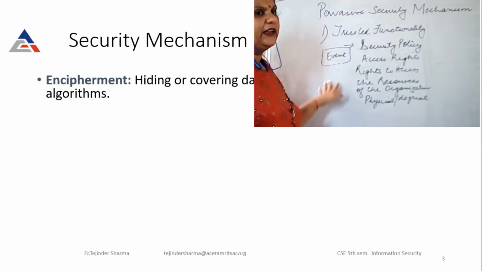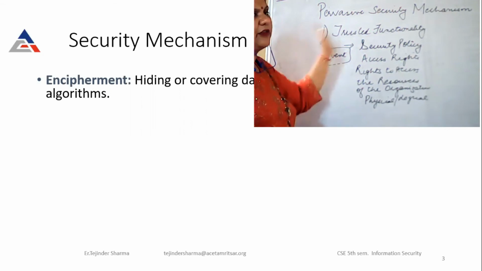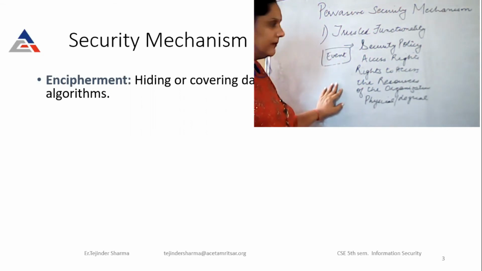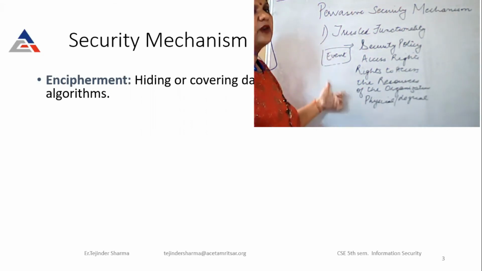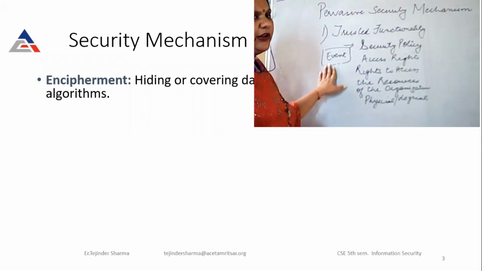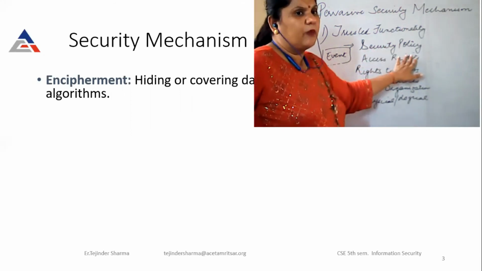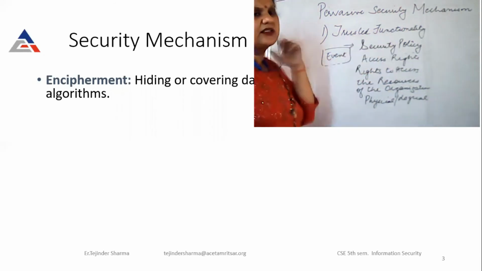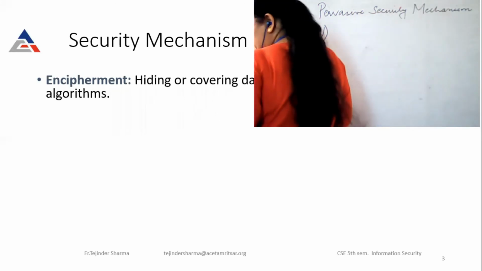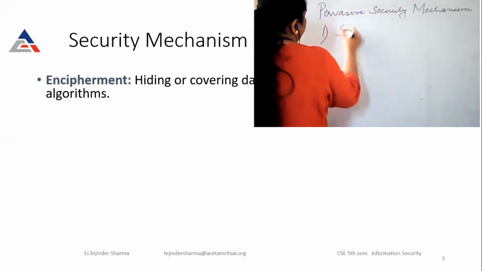Whenever you are locating any website, you are fetching data from the outside world to the inside world. It may be allowed to you, it may not be. In order to verify that the event is permissible, it must conform to the security policy, and hence the trusted functionality. And next is security labels.